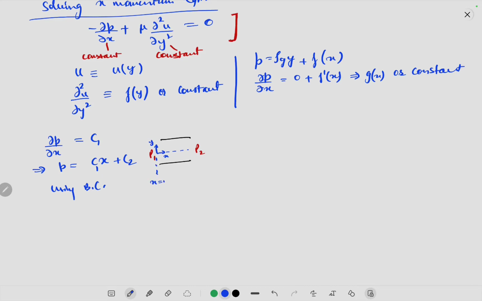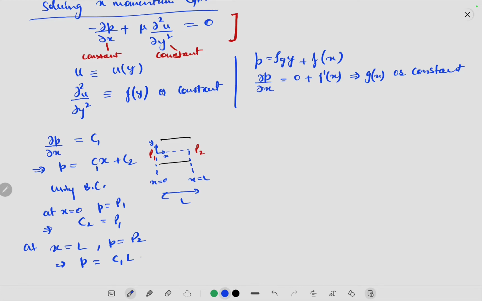So this was x equal to 0 and this was x equal to L because this length was L. So using the boundary condition, at x equal to 0 my pressure is P1. This implies c2 is P1. And at x equal to L, P is equal to P2.